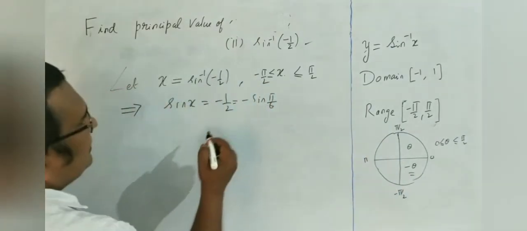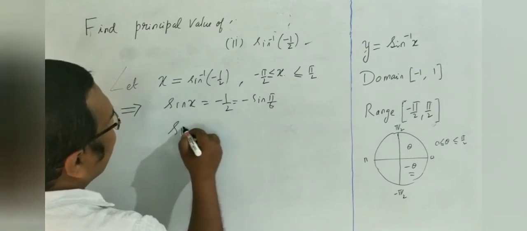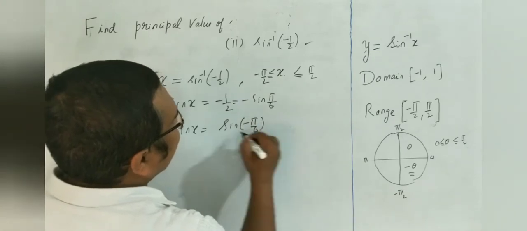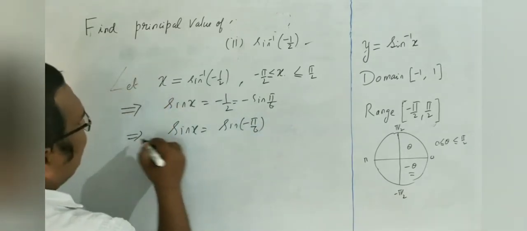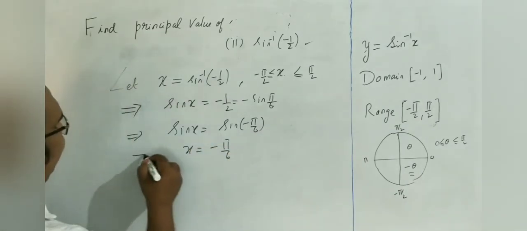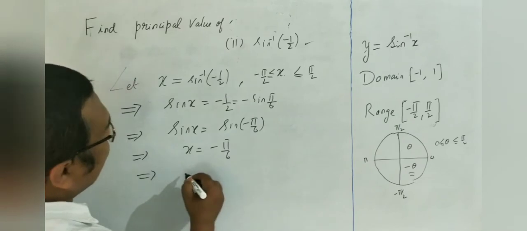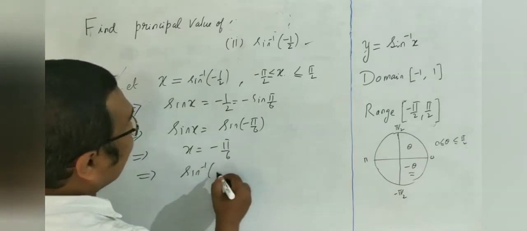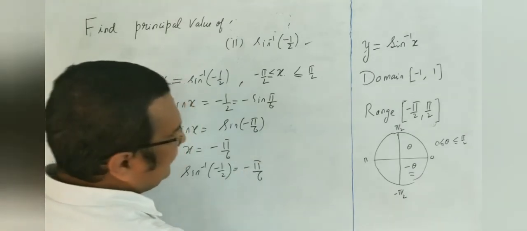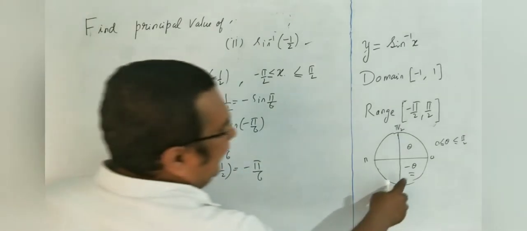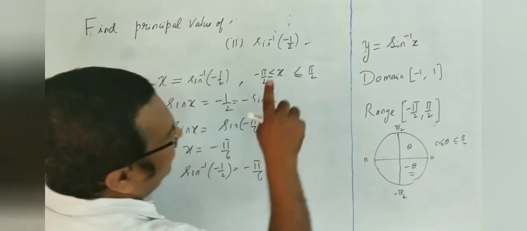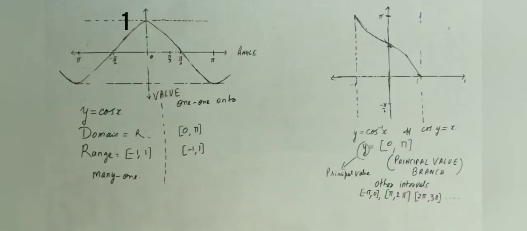So we write sine x is equal to sine minus pi by 6, so we have x is equal to minus pi by 6. And therefore, the final answer: sine inverse minus 1 by 2 is equal to minus pi by 6. So the quadrant is important. If it's negative, it is the fourth quadrant, minus theta, and if it's positive, as in the previous case I had taken, it is plus theta.